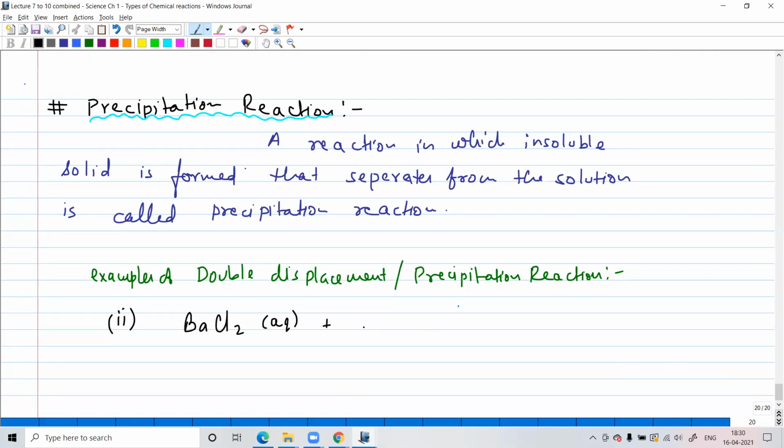Yes, barium chloride. And this one? Sodium sulfate. Yes, sodium sulfate. So what should be the product? Sodium chloride and barium sulfate. Yes. Barium will go and take the place with sulfate. So this will become BaSO4.